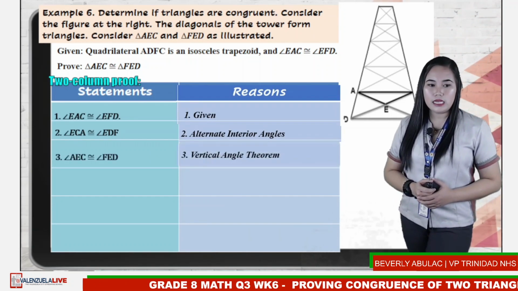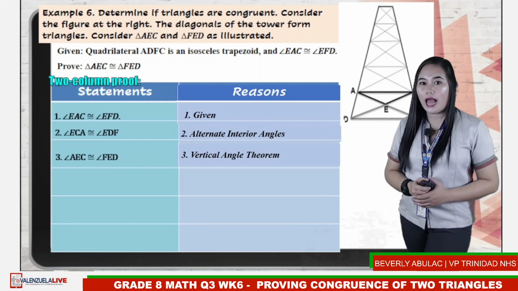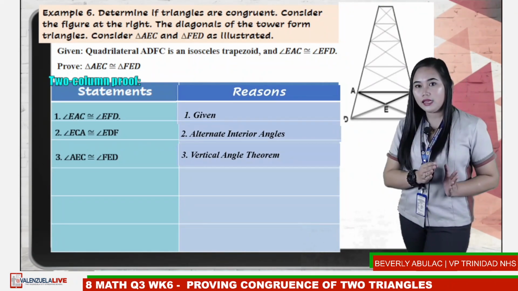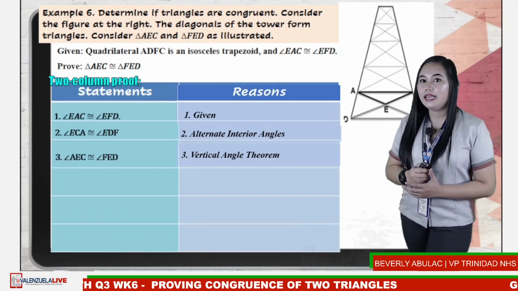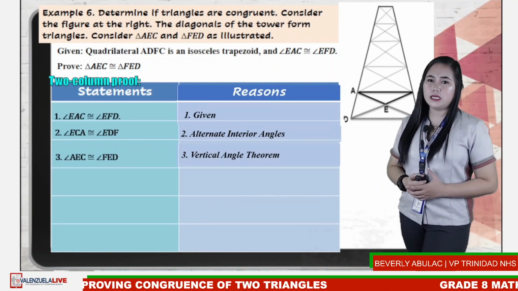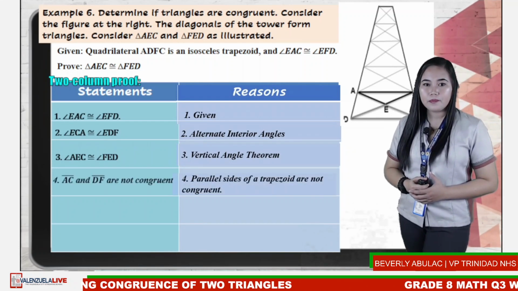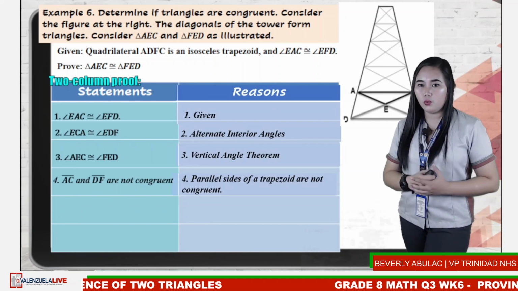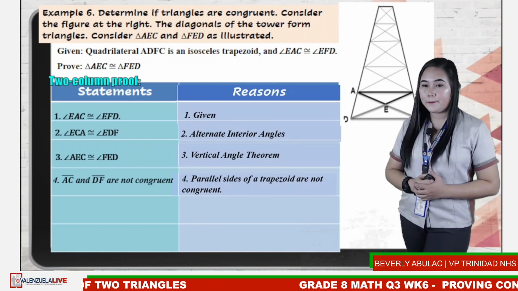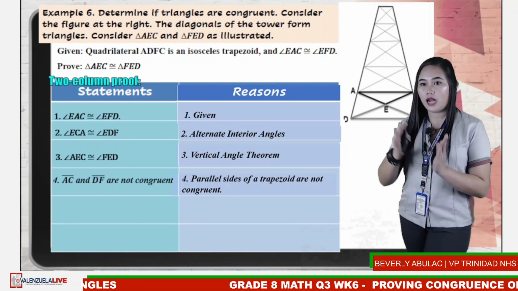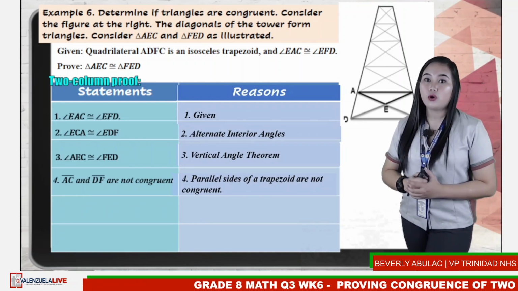Angle AEC is congruent to angle FED. They are congruent again by the vertical angle theorem. Now from that, you can see segment AC and segment BF are not congruent. Why? Because the parallel sides of a trapezoid are not congruent.